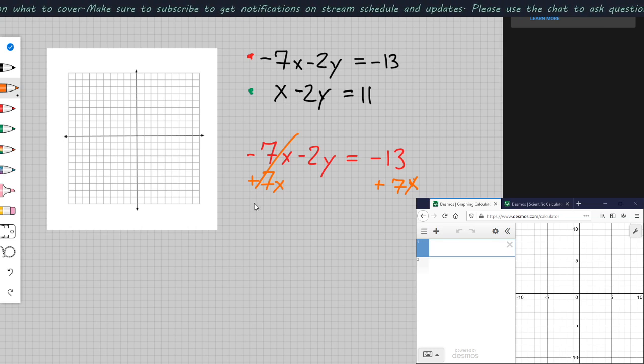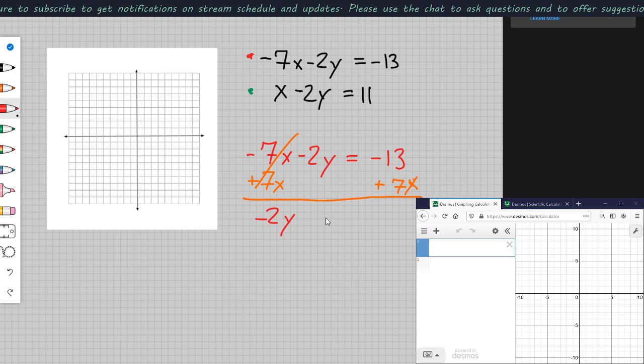This cancels. So when you do that, you get negative 2y equals, please put the 7x first, put the variables first.